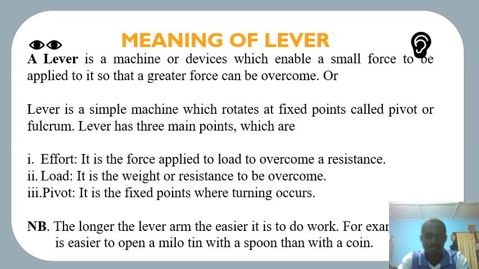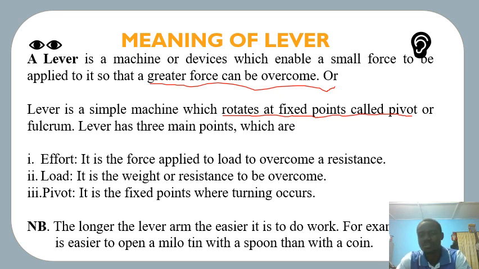What is a lever? We say it's a machine or device which enables a small force to be applied to it so that a greater force can be overcome. Or we also say that it's a simple machine which rotates at a fixed point called pivot or fulcrum.